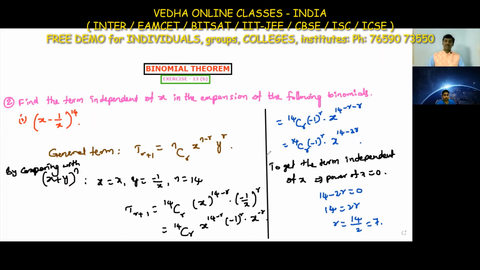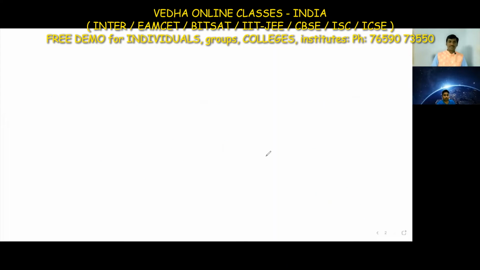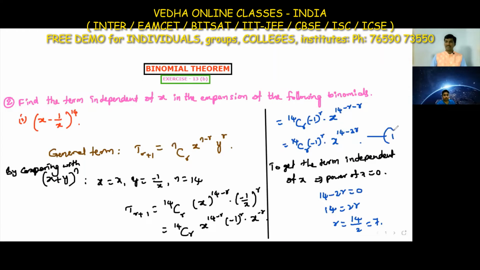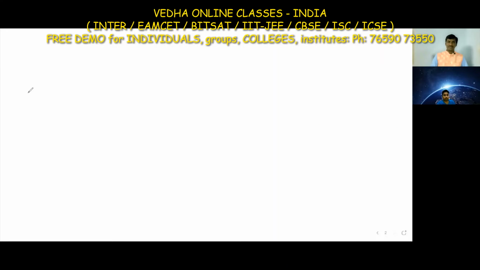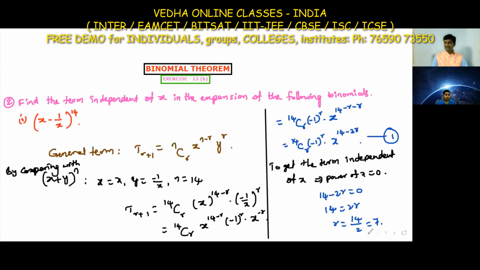Now substitute this r value. Substituting r equal to 7 in equation 1, T(r+1) means T(7+1) is equal to 14C7 into (minus 1) whole power 7 into x to the power 14 minus 2r.